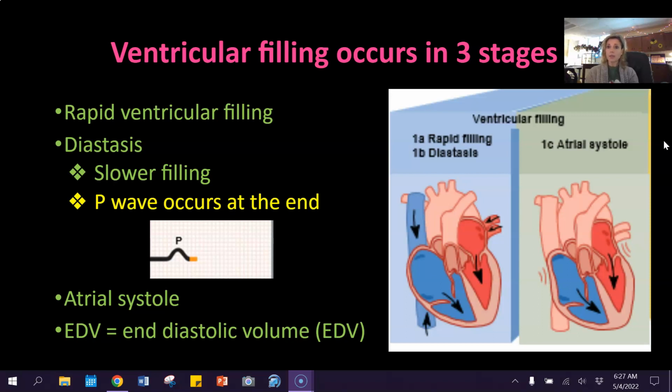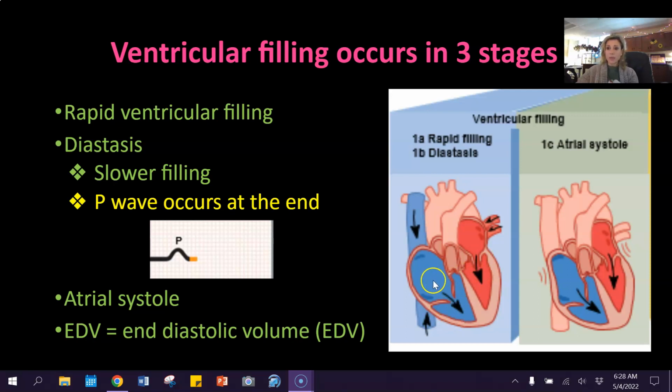So what's happening here is that the blood is coming in through the superior and inferior vena cava and entering into the right atrium. The blood is also flowing in from the pulmonary veins from the lungs and filling the left atrium. And then notice the black arrows on our picture that show you the blood flow.